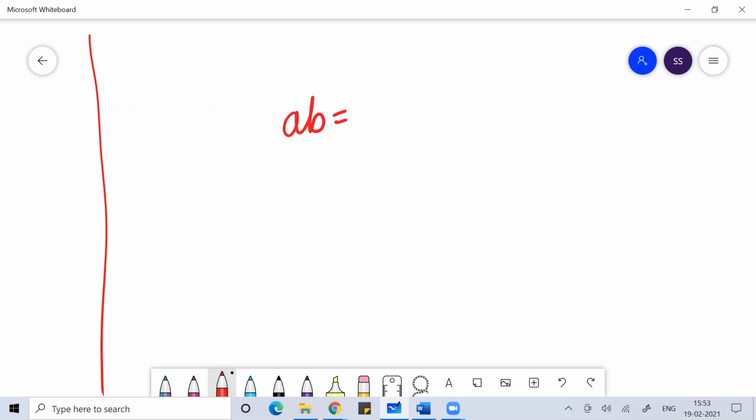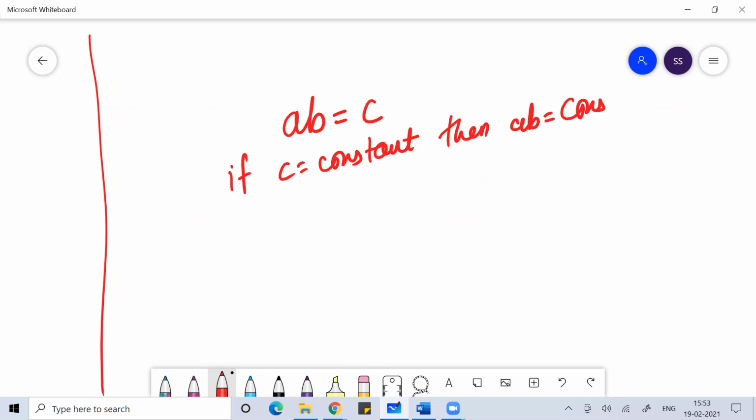In mathematics, if A into B equals C and C is constant, then A into B is constant, so A is inversely proportional to B. If A is inversely proportional to B, it means if A increases, B will decrease, and when A decreases, B will increase.